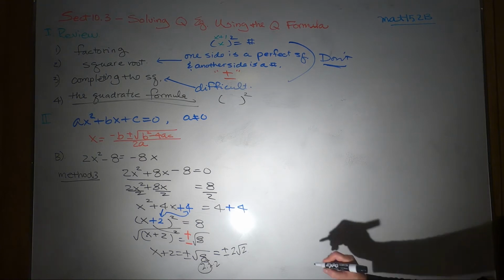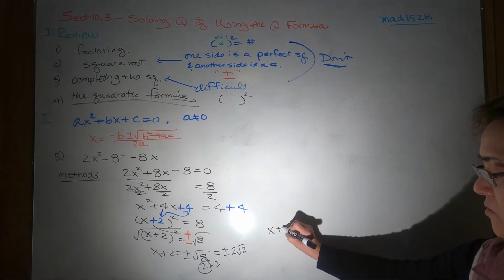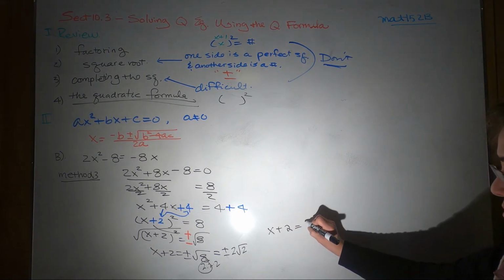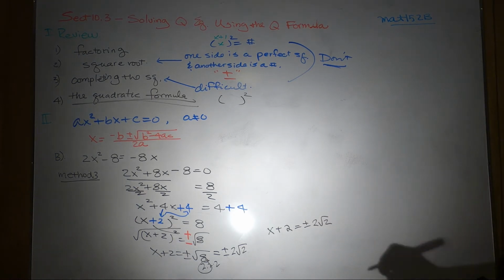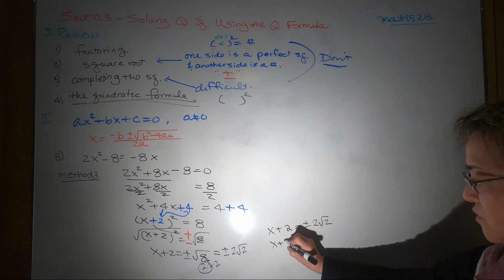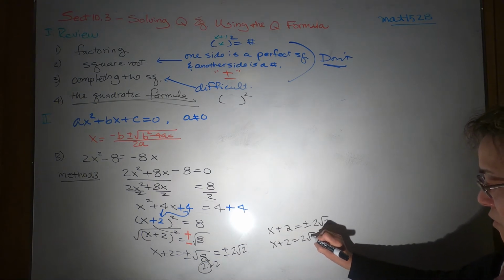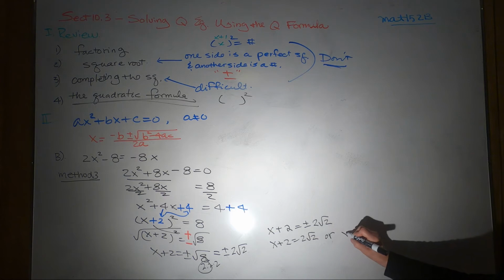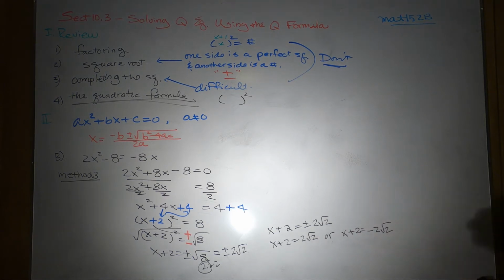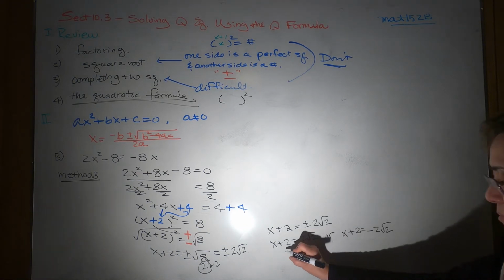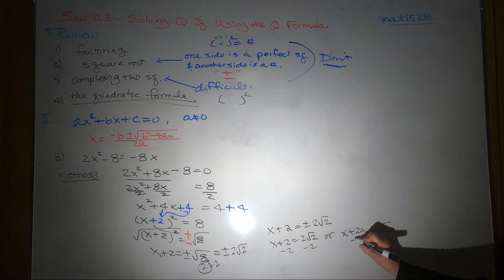Then what do we have? x plus 2 equals plus minus 2 square root of 2. It means x plus 2 can be 2 square root of 2, or x plus 2 equals negative 2 square root of 2. This way we can get x by itself easily.